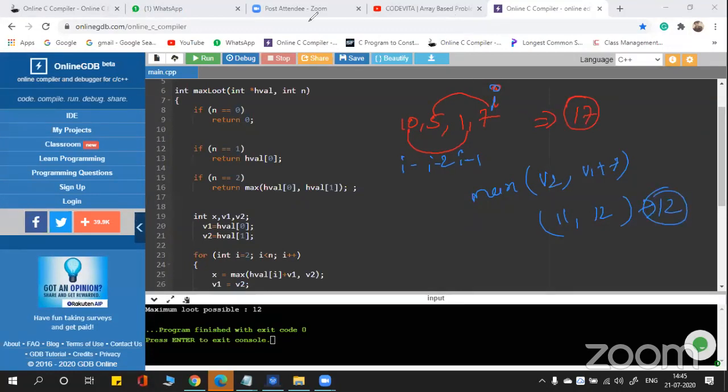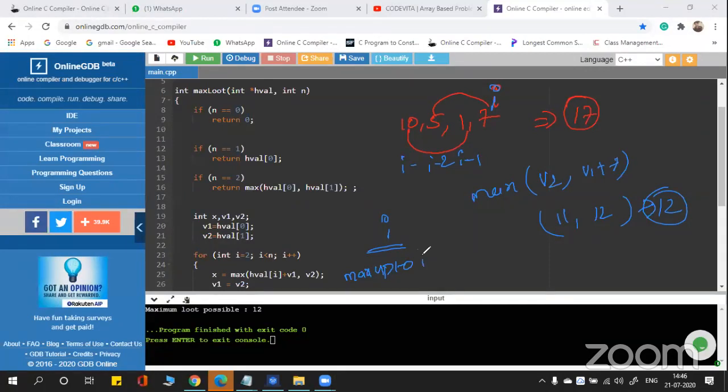So tell me, what should we do? What was the logic we discussed yesterday? Whenever I am finding for I value, there are two conditions. What are those conditions?